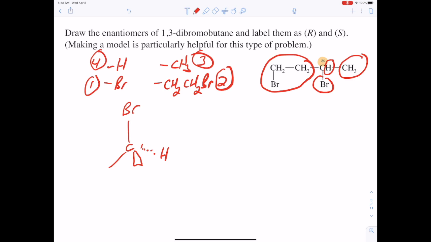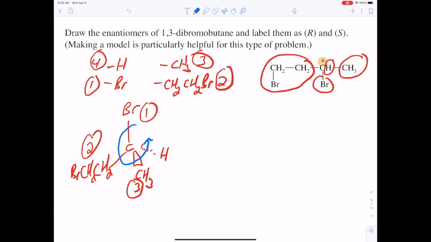Put the bromine up here. I'll just randomly pick locations. That's 1, 2, 3. And 4 is back where we want it.